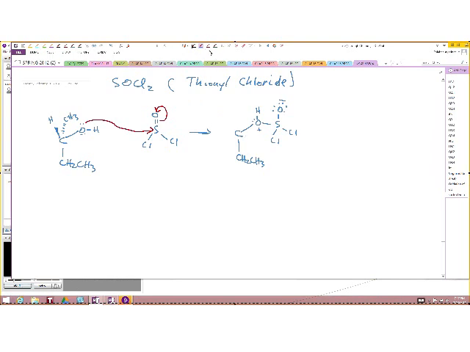Very unstable intermediate, which will regenerate the sulfur-oxygen double bond. And then at this point, something has got to give, the chlorine will leave. So now you have this.